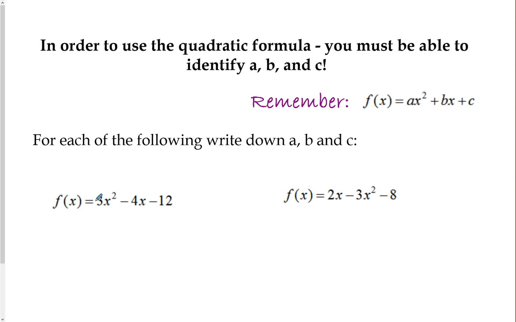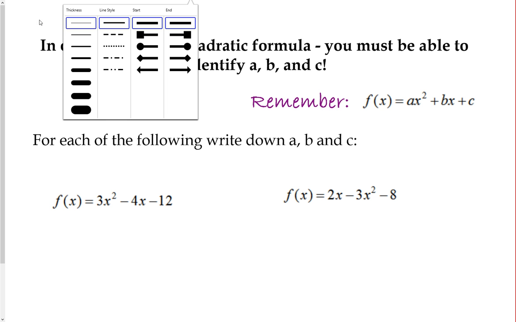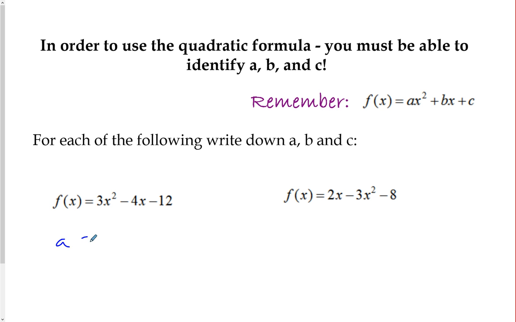Here's our first one, f of x equals 3x squared minus 4x minus 12. I want to write my A, my B, and my C. Well, my A is right here. It's going to be 3. It's the coefficient of x squared. My B is right here. I've got to make sure I don't miss the negative on there. And my C is right here, negative 12.